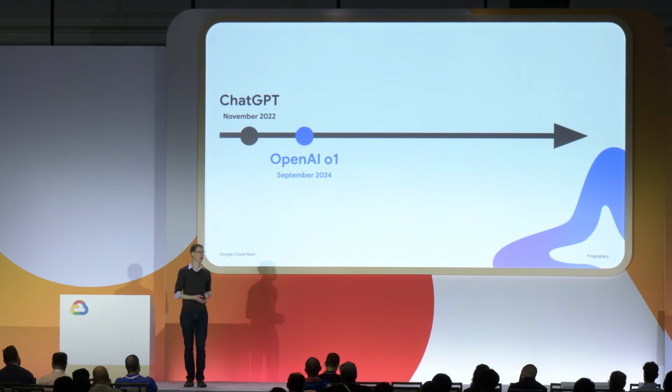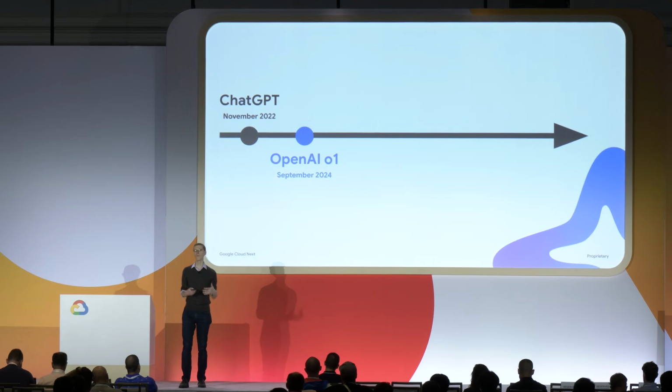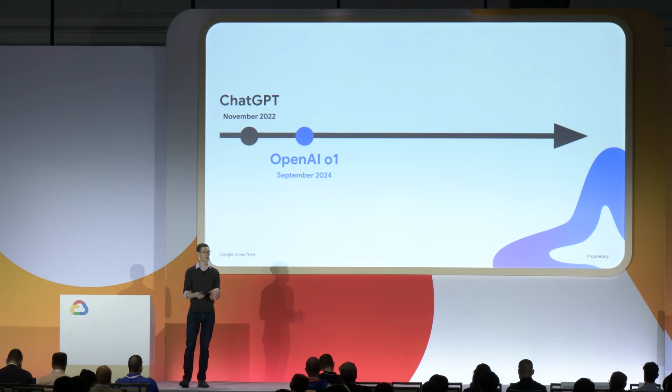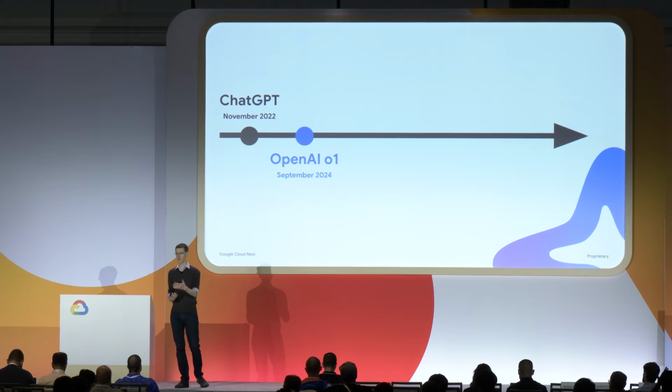Almost 2 years later, OpenAI released o1, also an incredible breakthrough model, reasoning model, thinking model that spent more time thinking as it answered your prompt. But still, you, the human, input the prompt, the model comes back with an answer, and you have to figure out how to take action upon that.